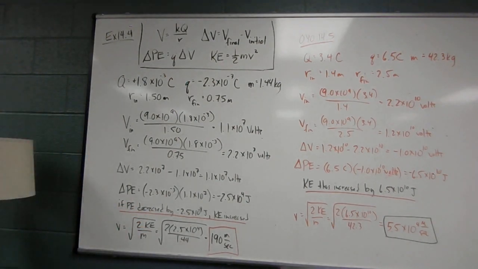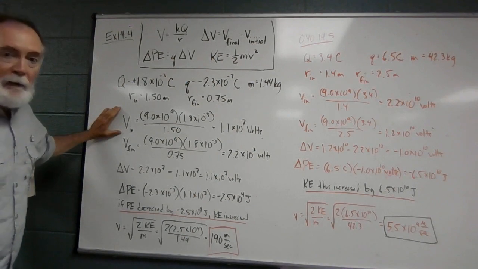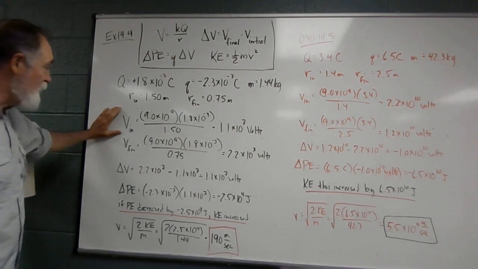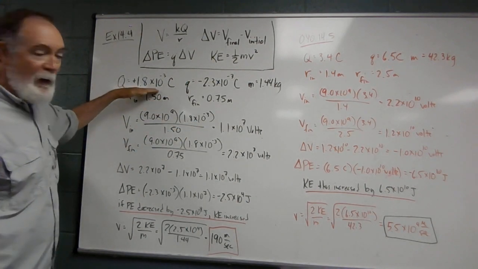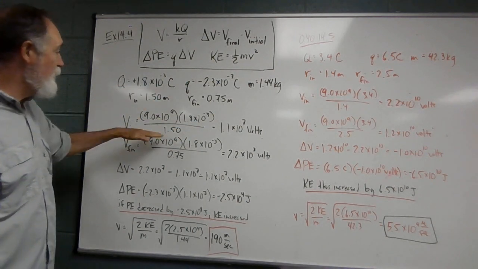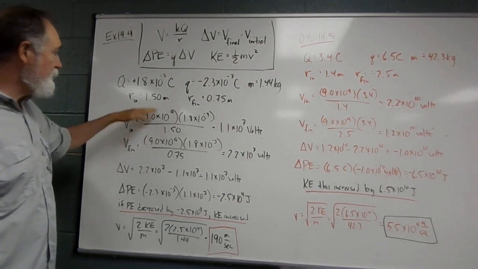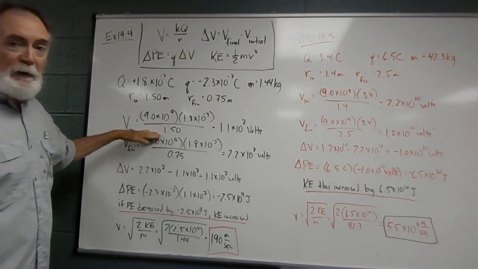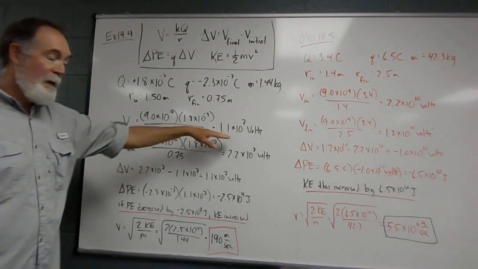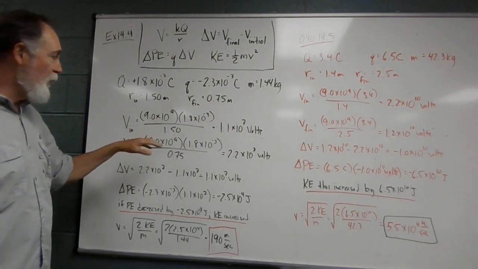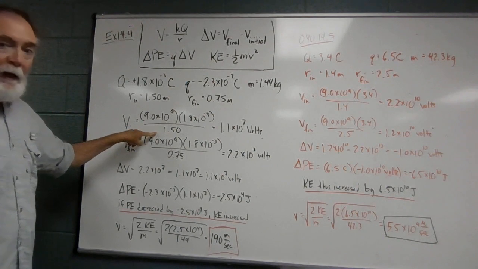So the first thing we have to do is calculate the voltage at the initial position. So here is Coulomb's constant, again, times the stationary charge divided by the initial distance between the two charges. And so here's the electrical potential between those two charges at that distance.